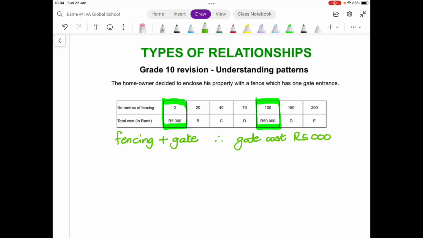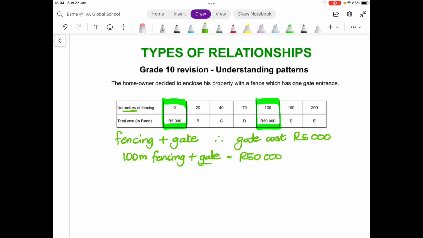The next thing we have to find out is how much fencing costs per meter. So I would go to the second block where I've got 100 meters of fencing plus the gate equals 50,000 Rand.